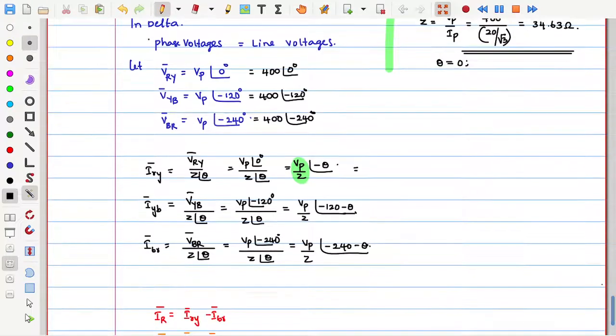So directly I can write 11.55 at an angle 0, 11.55 at an angle minus 120, and 11.55 at an angle minus 240.